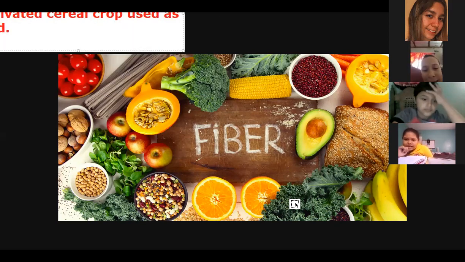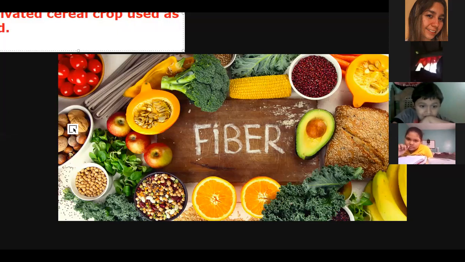What is this? Lettuce. Cherry, tomato. What are these? Almonds. Yes, nuts. Oh, it's not coconut.